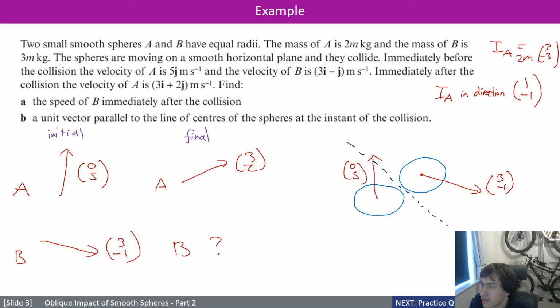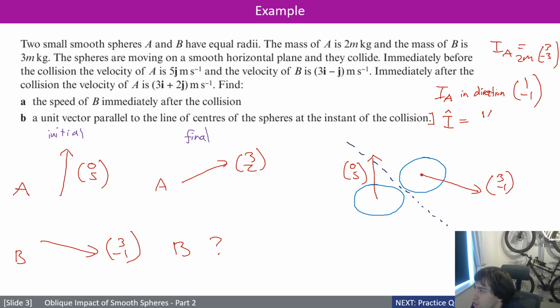For part B, it does say a unit vector parallel to the line of centers. So actually we can just very quickly answer part B now, and we can say i hat is going to be equal to, well, (1, -1) is not a unit vector. We're going to have to divide it by the magnitude. The magnitude of that vector is root 2.